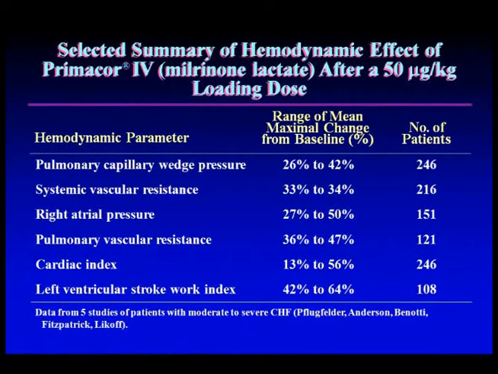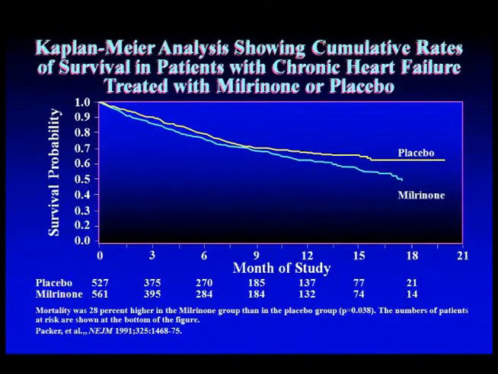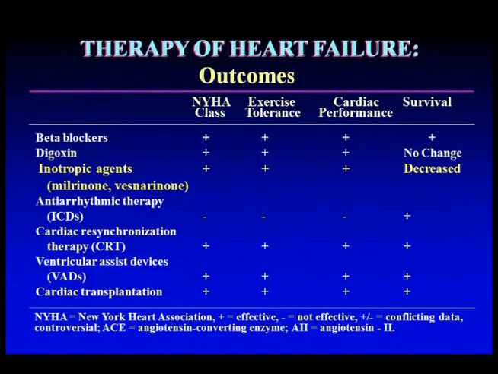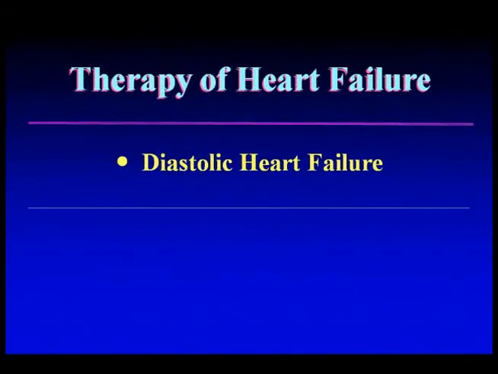And this study, the VMAC study, was published in JAMA in 2002 by Jim Young and his colleagues, and basically showed that if you give nesiritide, you get a decrease in the filling pressure, and nesiritide was better than nitroglycerin over a period of 48 hours. Based on this, nesiritide was licensed in the United States to treat heart failure. Since that time, there's been some concerns about using it.